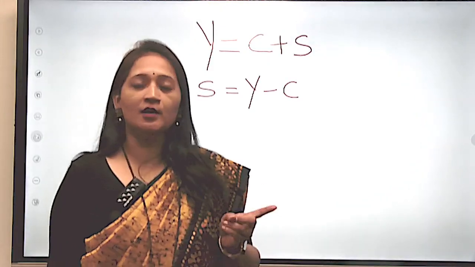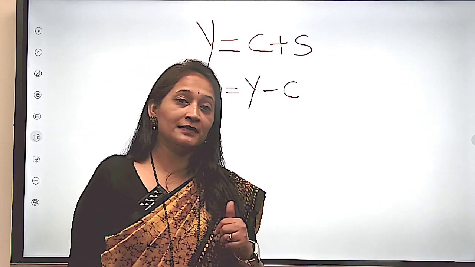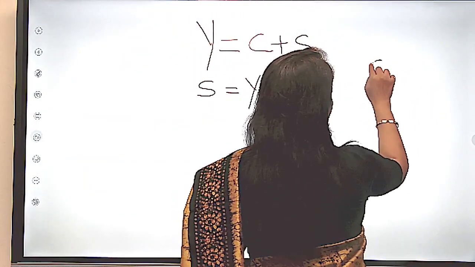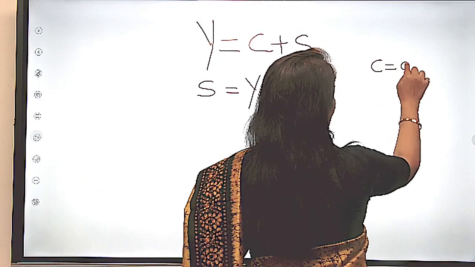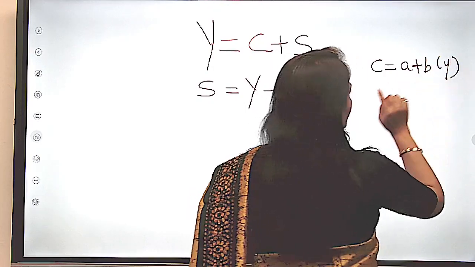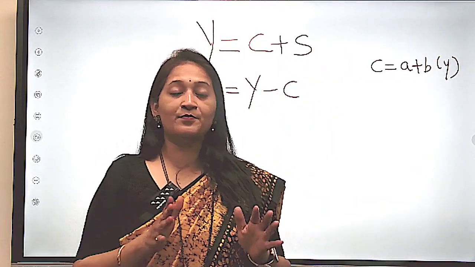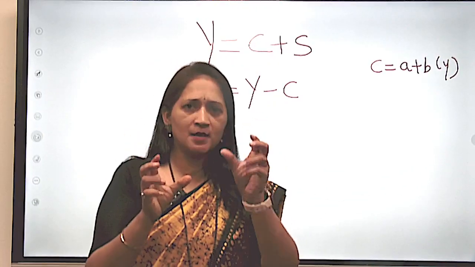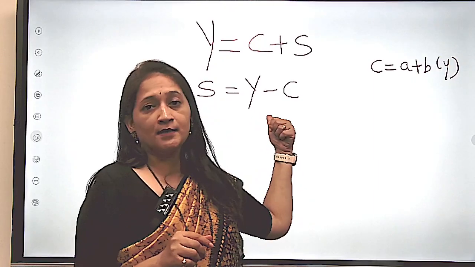Now you have learned the consumption function in the last video. So you know that we write the consumption function as C is equal to A plus B of Y. This is the consumption function developed by Professor John Keynes. I'm just going to insert this consumption function into this equation.